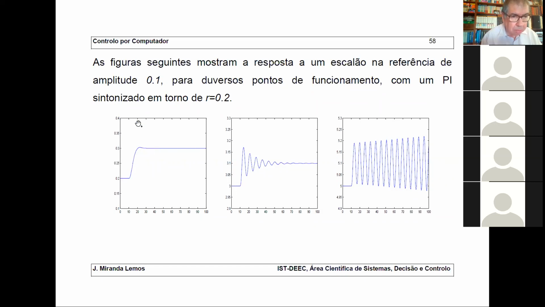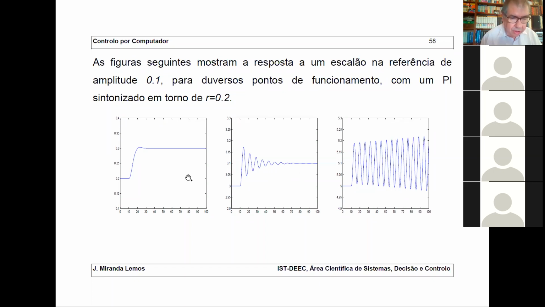So you apply a step of 0.1, and it moves from 0.2 to 0.3 with a little bit of overshoot. Now, if instead of starting the maneuver at 0.2, you start it at 3, then you have some oscillations, and this is no longer acceptable. And if you start at 5, it even becomes unstable. You see that the amplitude of these oscillations starts to increase.